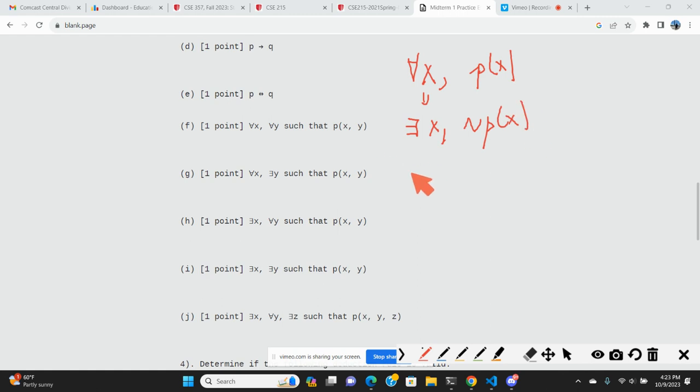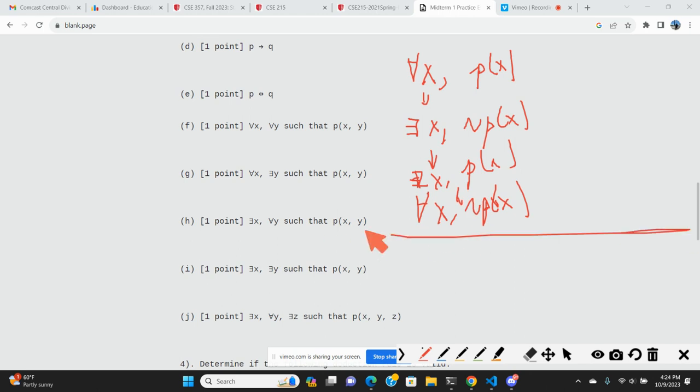Similarly, for an existential, you flip it back into for all x, not P of x, if you have there exists an x such that P of x. So once again, flip whatever comes first, negate what comes after.